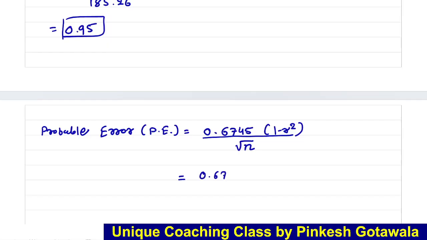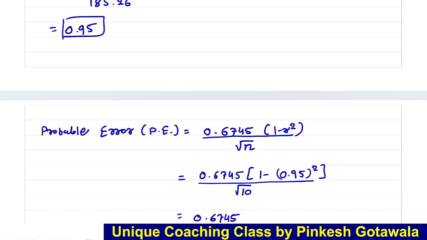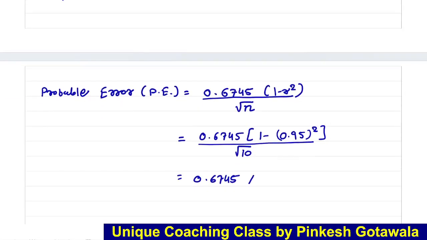So let's put the values here. 0.6745. Our r is 0.95 and n is 10. So 0.6745 times (1 minus 0.95 square, that is 0.90), so 0.10, divided by root 10, which is 3.16.